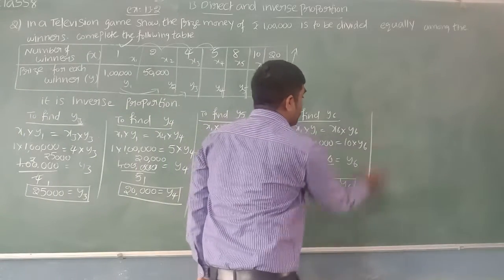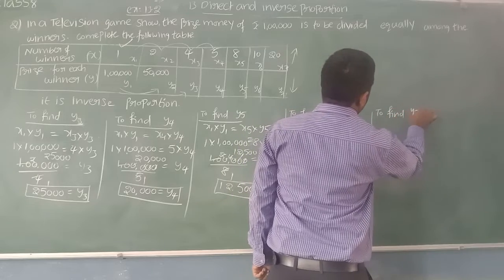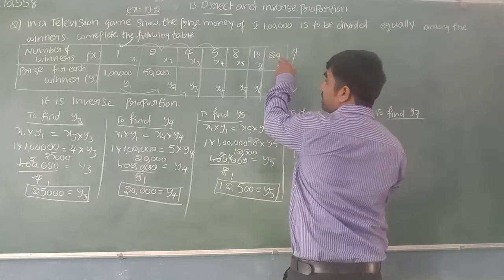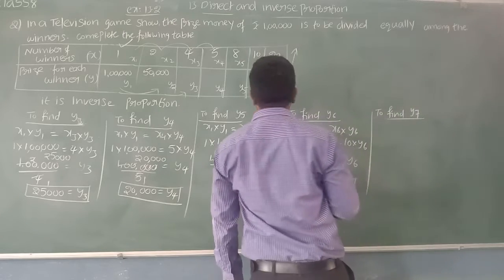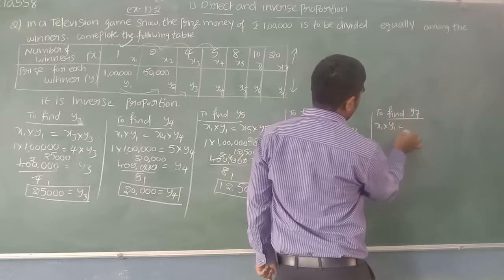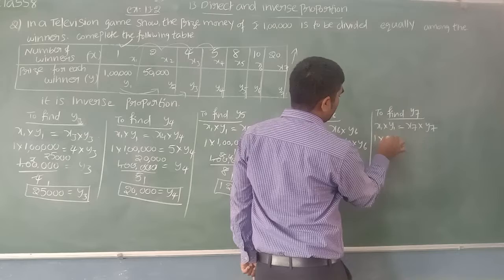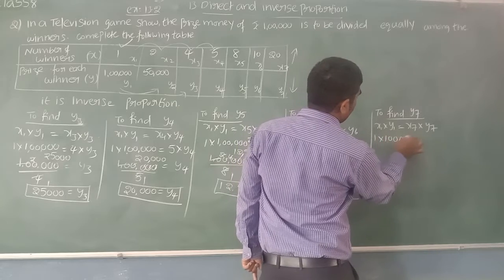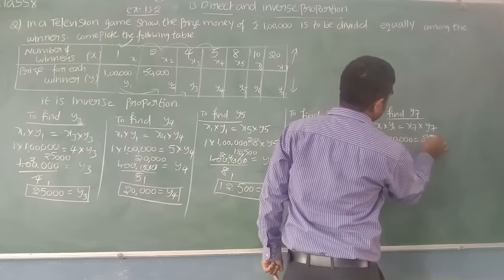Suppose there are 20 winners, to find y7: what is the prize money of each winner? The product of corresponding values x1 into y1 is equal to x7 into y7. 1 into 1 lakh is equal to 20 into y7.